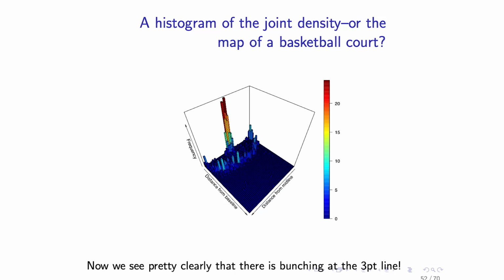So what you see now is that clearly it looks like a map, it looks like the basketball court viewed from above, where the height of each of the bars, in fact, draws very nicely the 3-point line. And then we also have a huge peak where he can dunk.